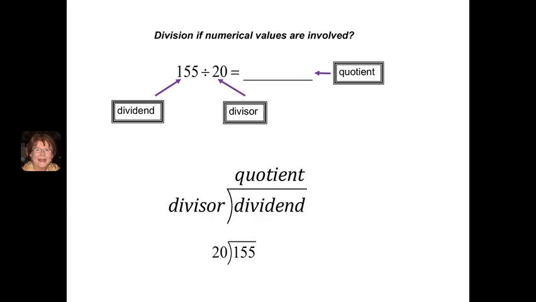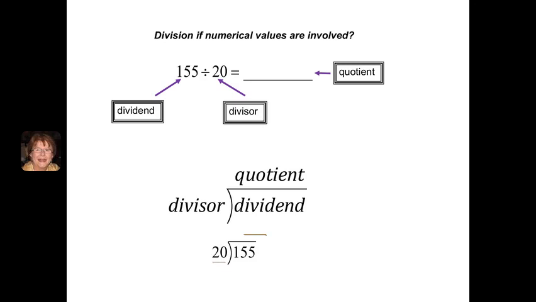So in this example, if I'm going to set up my long division, I place my long division sign. My dividend is 155. I'm dividing by 20. This is the divisor. This is where I place it. And when I work it out, my result, my quotient, will be up here.